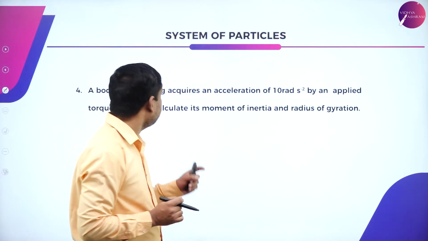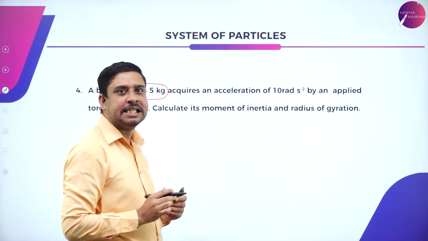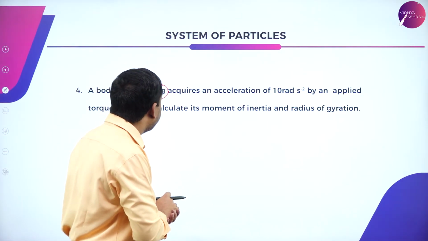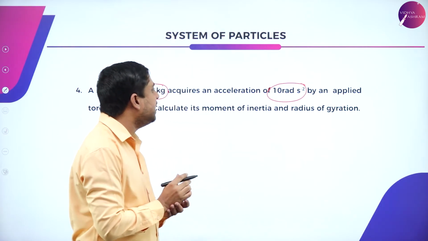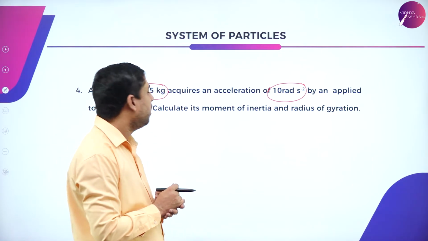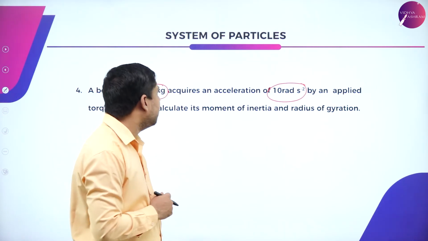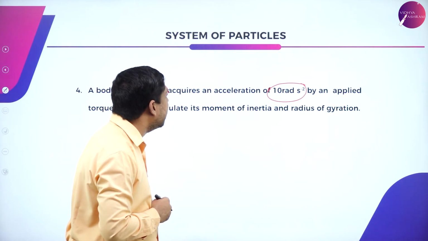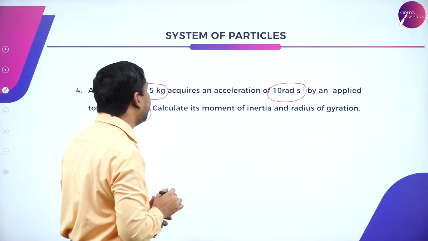Next one. A body of mass 5 kgs acquires an angular acceleration of 10 radian per second square by a torque of 2 Newton meter.